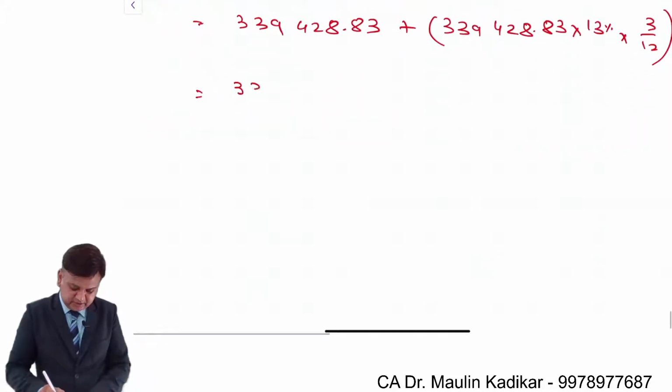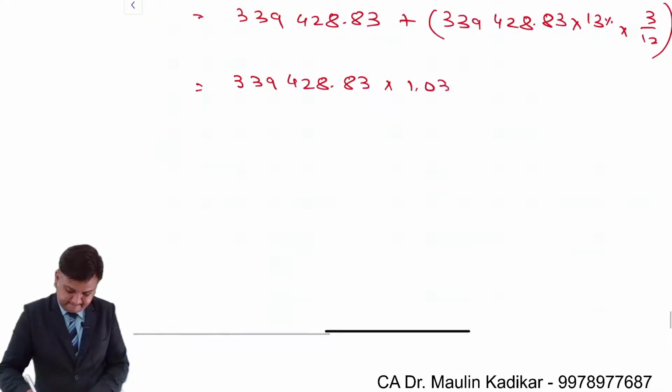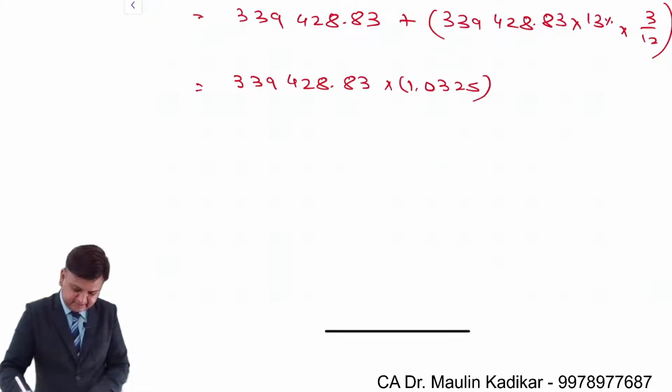So 3,39,428.83 into 1.0325, so 0.13 into 3 divided by 12.